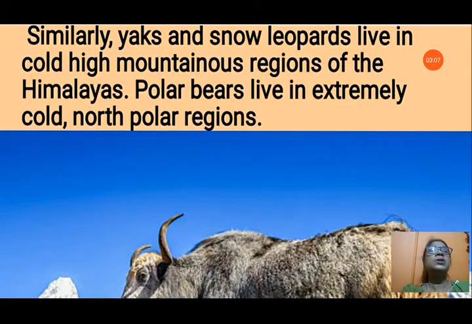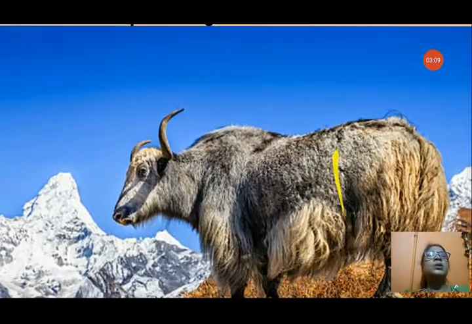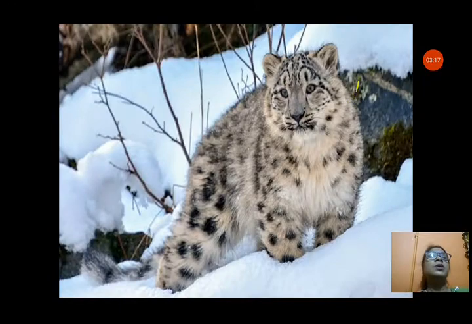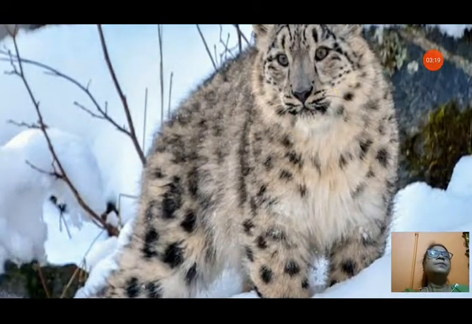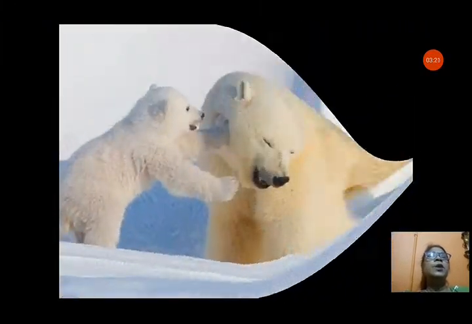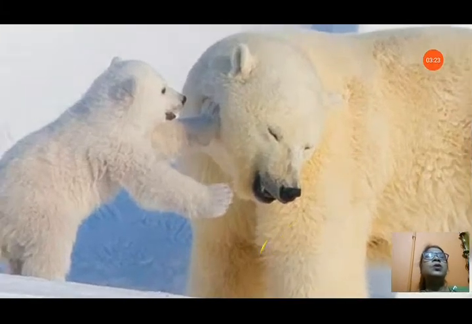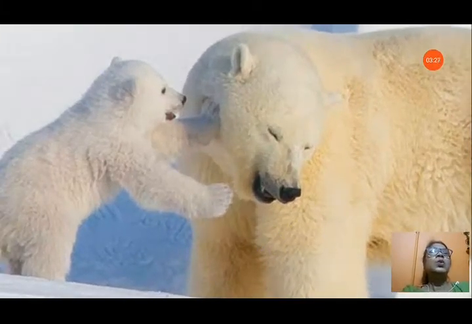Polar bears live in the extremely cold north polar region. So they are adapted to survive in the harsh conditions of polar regions. They have long furs. You can see here. The polar bear also has a very thick coat of fat over its body and thick long fur, a double coat of fur, so that it can protect them from the cold of the polar region.